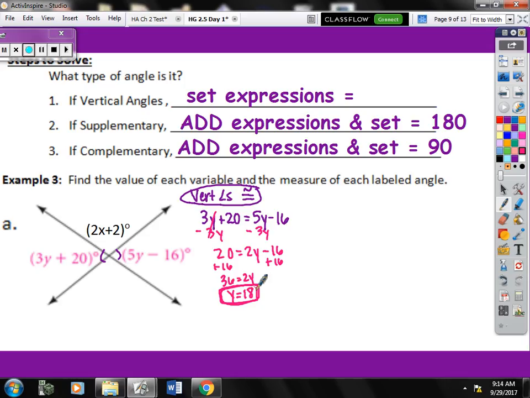When we plug it back in, 3 times 18 plus 20, and 5 times 18 minus 16.